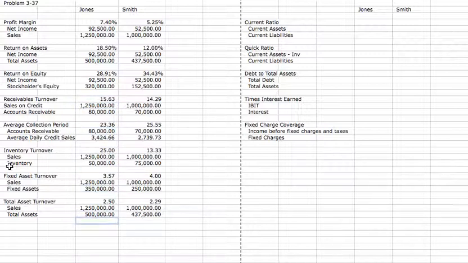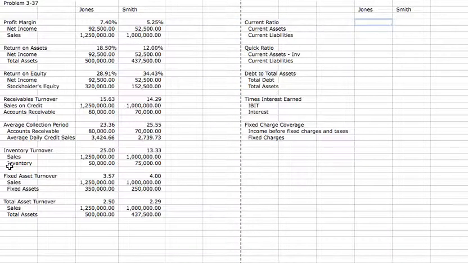So you can see their current assets are turning over more quickly than Smith's current assets, which would bode well for Jones on the turnover and asset utilization figures.